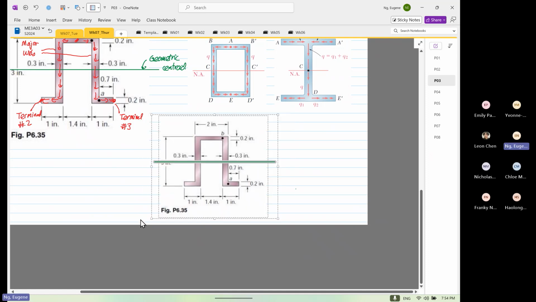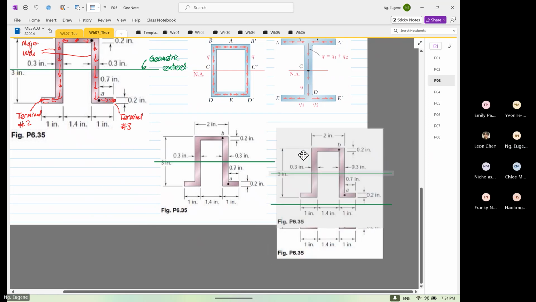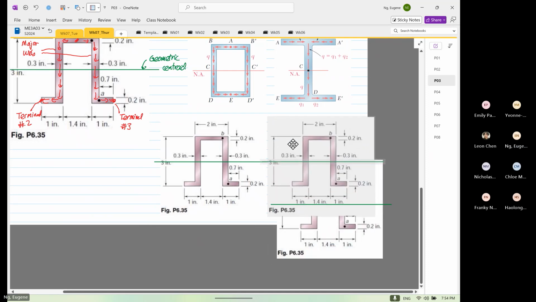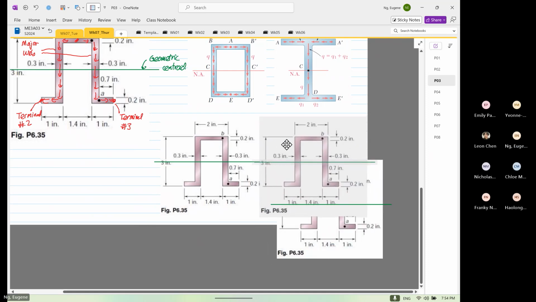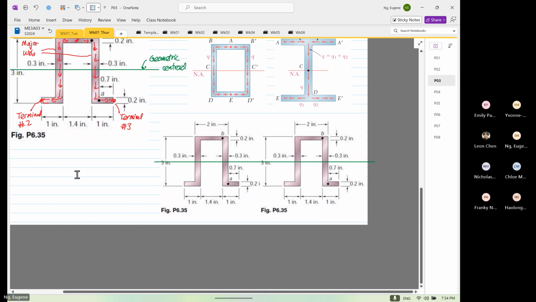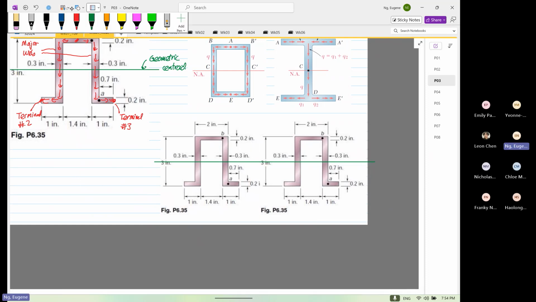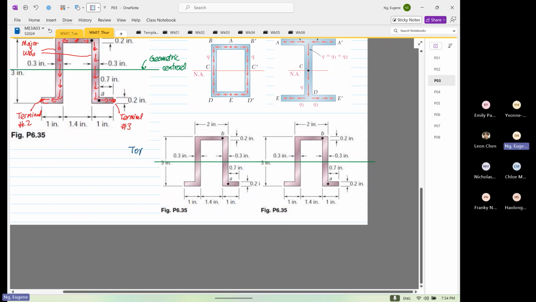Maybe it won't work. Yeah, it did. Okay, so I'm going to call this above the centroid is our top, and below the centroid is our bottom.